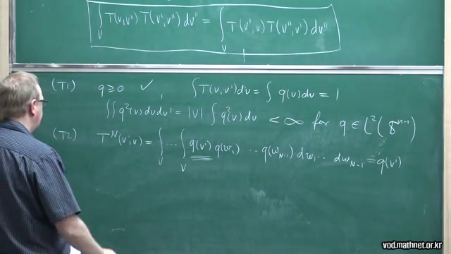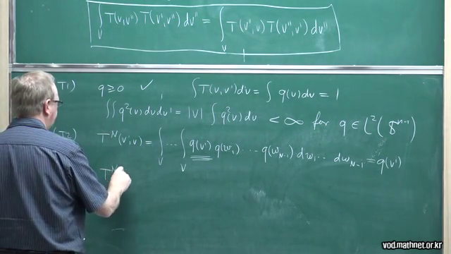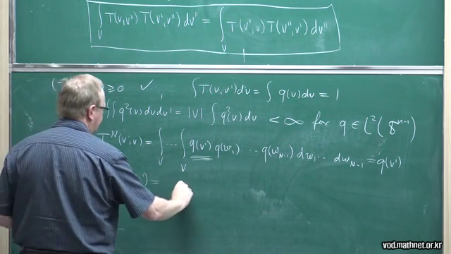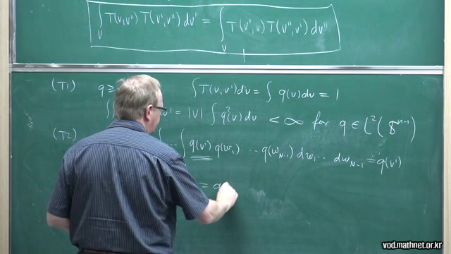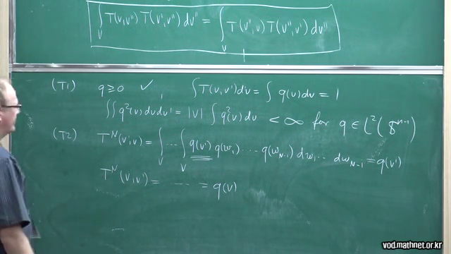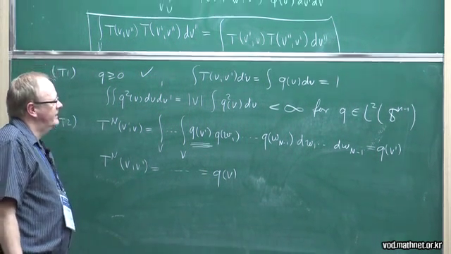And similarly for the other case, T to the n of (v', v'), this is then q of v. So the iterates actually give us Q as well. This is kind of cool. We don't need to worry about higher order iterations in this case.